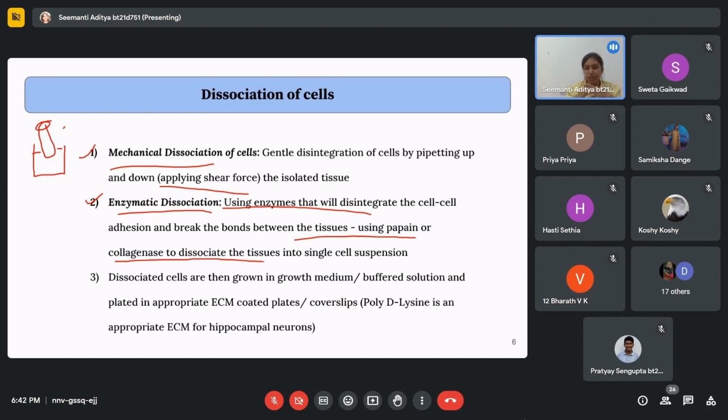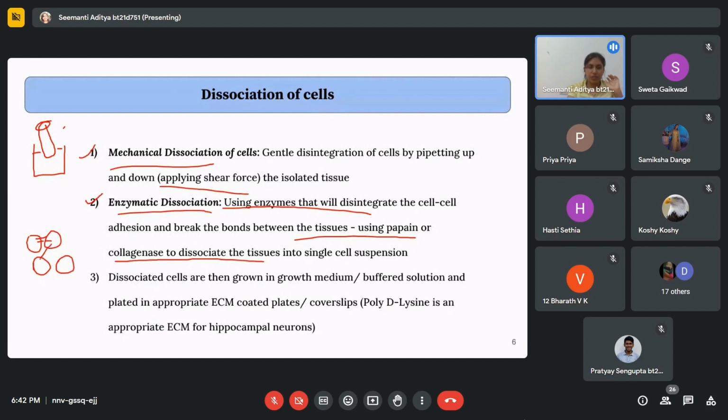Collagen is an ECM, the extracellular matrix, which adheres the cells together and helps in cell clumping. So if we are using collagenase, the collagen will be broken down and the cells which were clumped will become isolated. The cells were clumped and they have collagen between them for their adhesion.